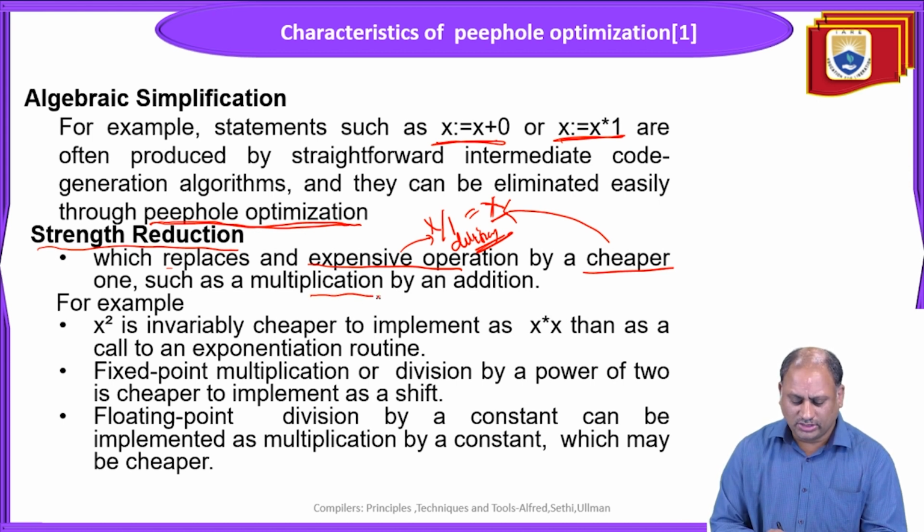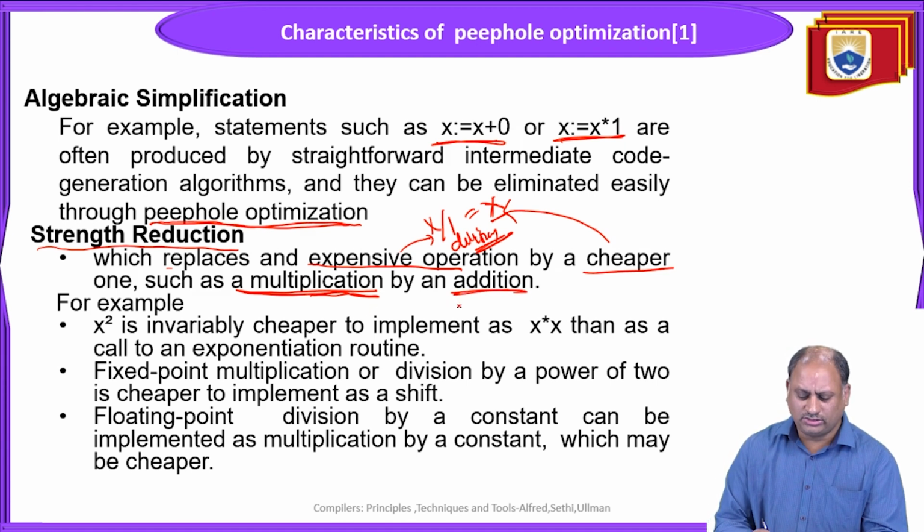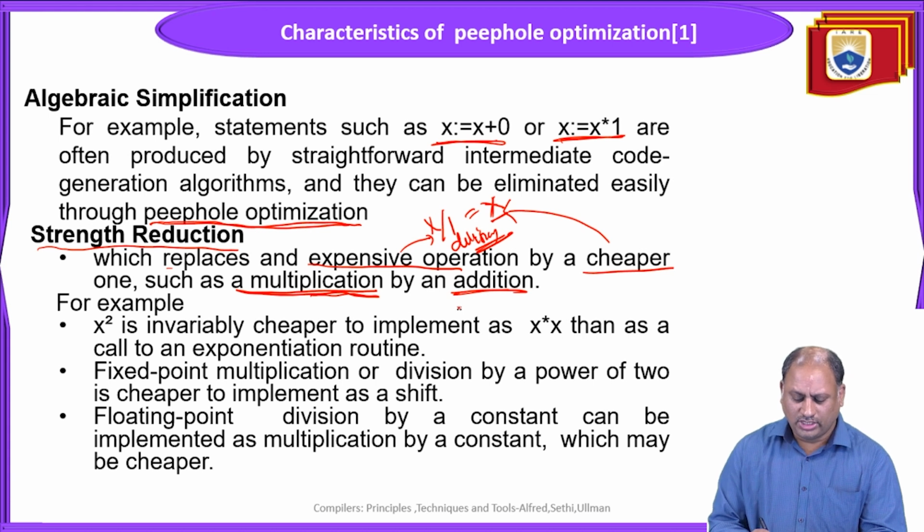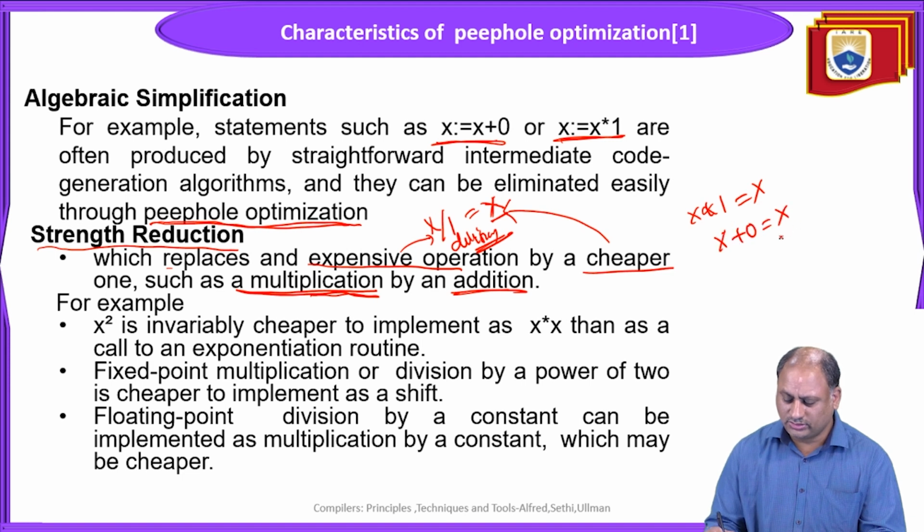So x star 1 leads to the same result, which is equal to x, and x plus 0 gives x.